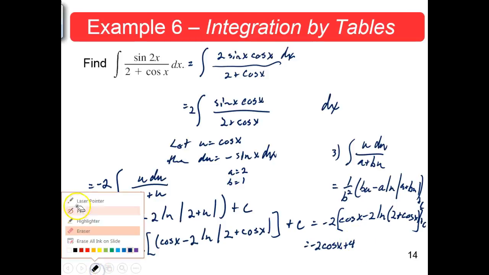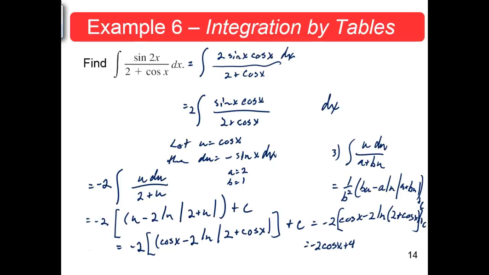Sorry. It's all on me. Okay. Plus 4 times the log of 2 plus cosine x plus c. Okay. So minus 2 cosine x plus 4 times the log. They kept the absolute value bars in there, which I don't think is necessary. I left them off, or I wrote them, but it didn't write plus c. So, good deal.